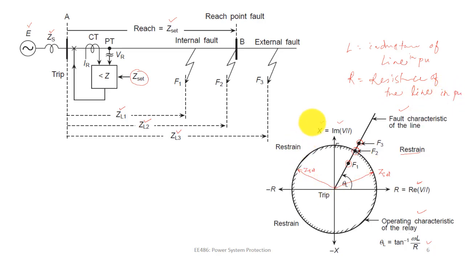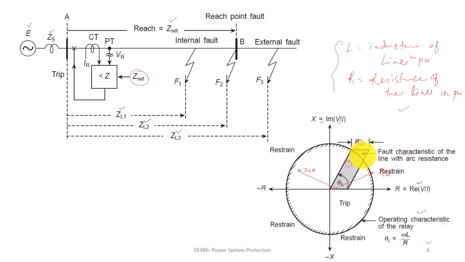So L and R are taken from the line parameters, and this fault characteristic can also be plotted by finding theta L. Now this is your simple impedance relay, we can say.